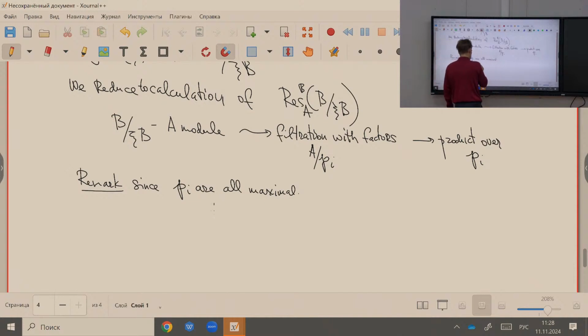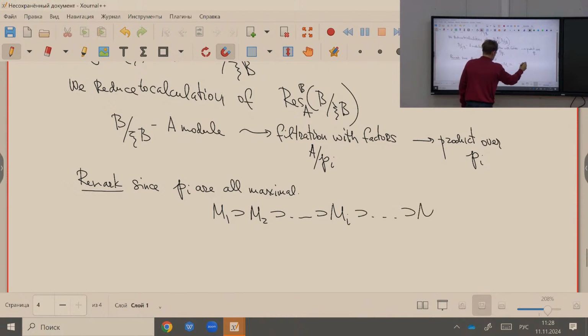So if you take this filtration, since all primes are maximal, they are maximal and minimal at the same time. They do not contain each other.